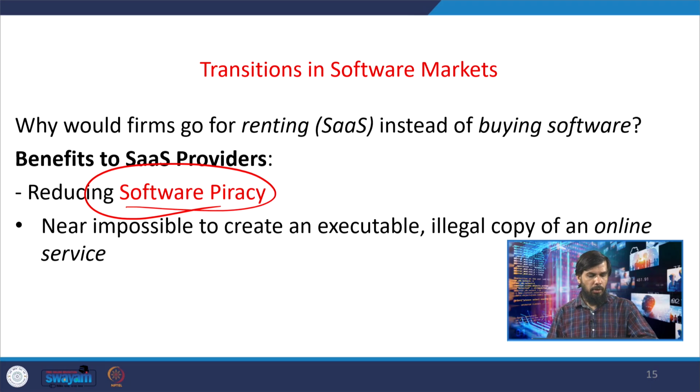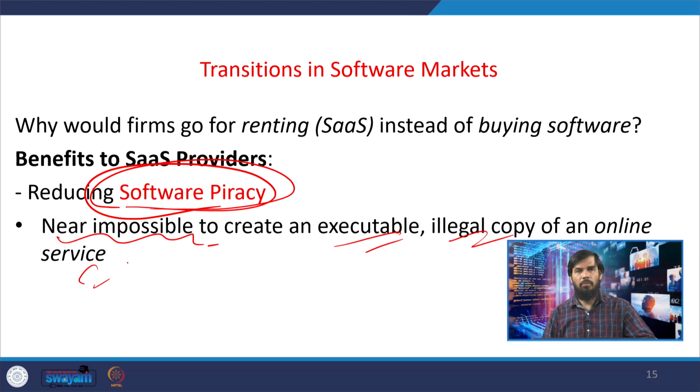But the moment more customers start switching to the SaaS option, software piracy goes away, because new versions of the software will not be available in physical media form, and therefore it will be near impossible to create an executable illegal copy of an online service. So software piracy goes away.